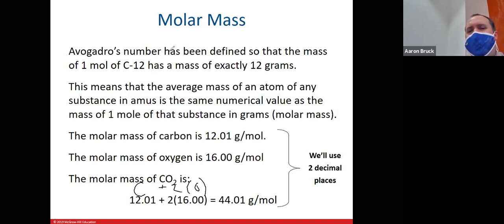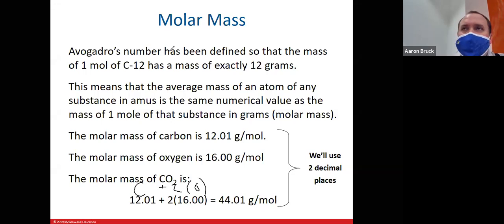By doing this with the periodic table, I'm going to guarantee that I have at least 3 significant figures in all of my masses, because the smallest mass on the periodic table, hydrogen, to 2 decimal places is 1.01 grams. 3 significant figures in total. So in the case of carbon dioxide, I add together the 12.01 and the 2 16s, and I get 44.01 grams per mole.